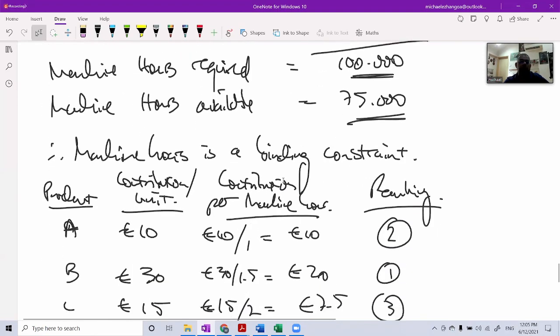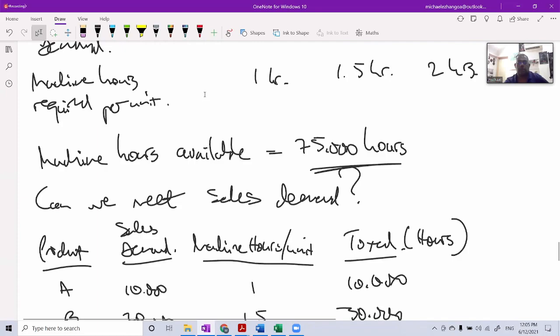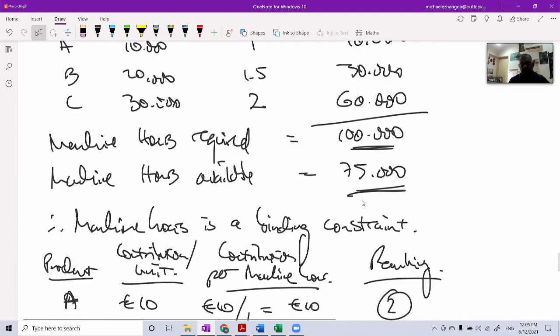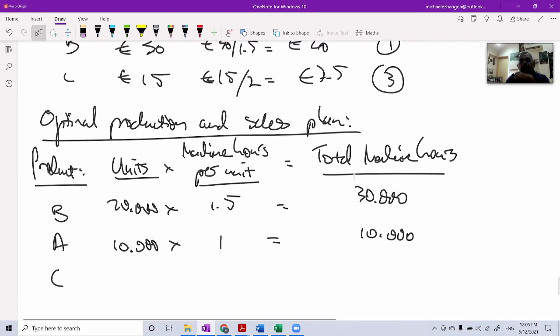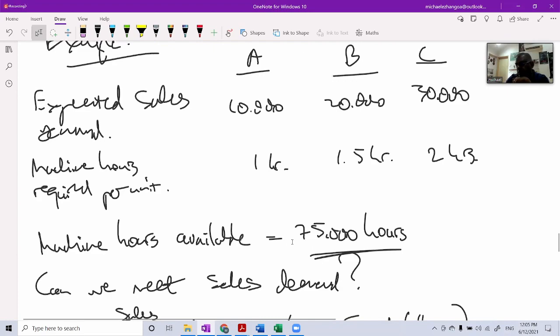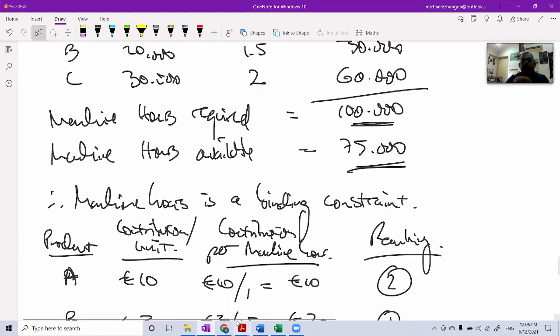Now, following the ranking, number 2 will be A. Expected sales demand is 10,000, and so times 1, 10,000. Lastly is C. Now for C, our maximum demand is 30,000. But I cannot make 30,000, simply because we already established that we are short of 25,000 hours.